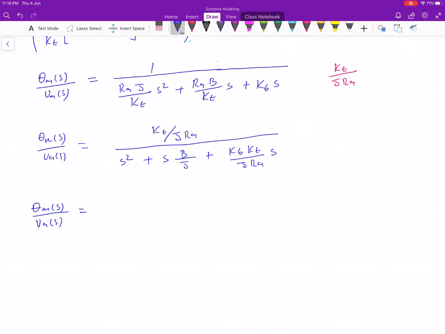So we are going to have KT over J times RA, over, we're pulling the s out, s plus 1 over J times B plus KB KT over RA. Now this looks much better.